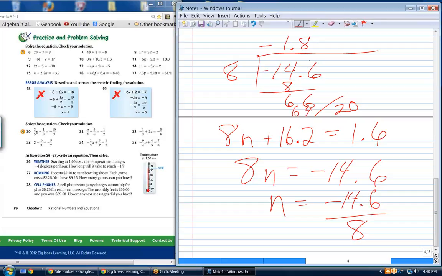How many times does 8 go into 20? 2 times. So a 2 at the top and 16. And that equals 4. And then 5. All right. So that's the answer your teacher probably wants? Yeah.